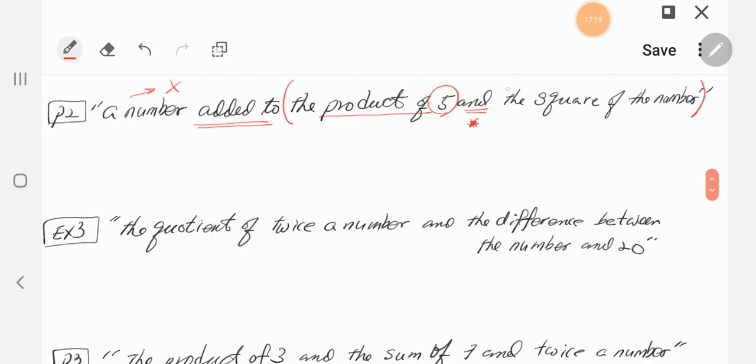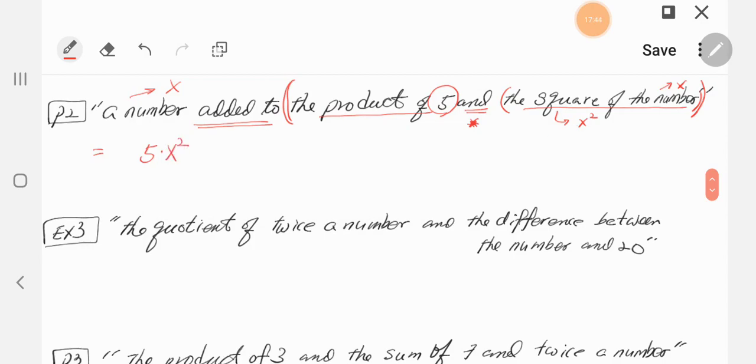And the second part is the square of the number. Square of the number means this number is x. So square of x means x squared. So I'm going to write the second expression first, which is the product. The product is 5 times x squared, 5x squared, isn't it?